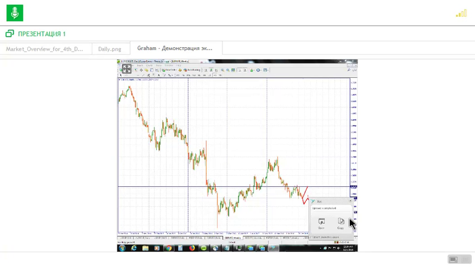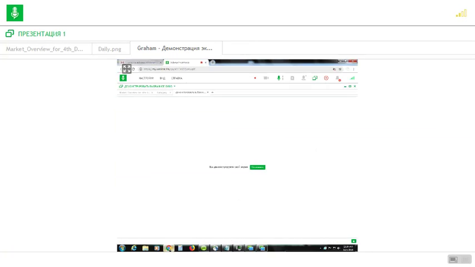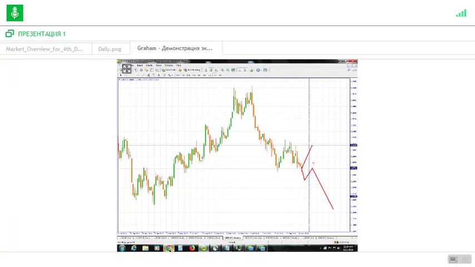Let's move to the next pair, GBP USD. And the chart is here already. So on this chart, you can see yesterday we had a line here. It's still there. We had this resistance line, which was broken. Price went back down, then it went up, then came back to the same resistance line, same place, and went up.